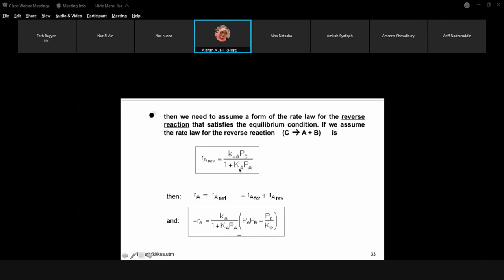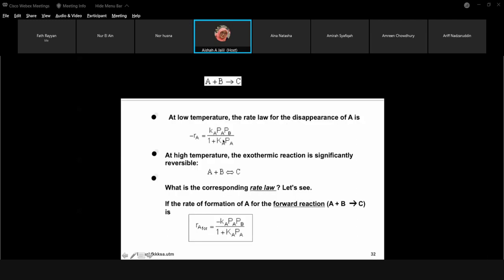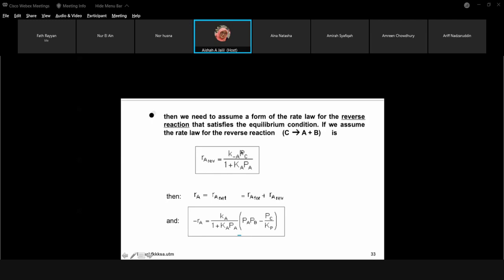The bottom one is same, okay, but the upper one, this is negative KA, A. Then the reverse one, negative A here, okay. This is PA, PB for this one, for the return. If the reverse, the C becomes the return, so you see, negative A, because reverse, change to PC, okay. So this is the reverse one.